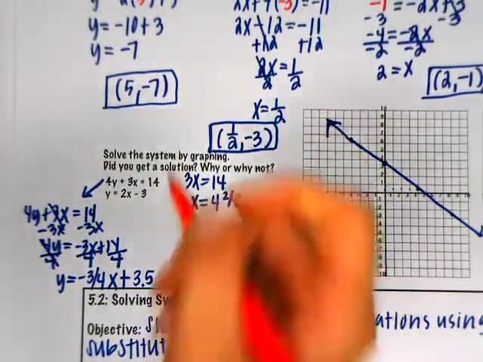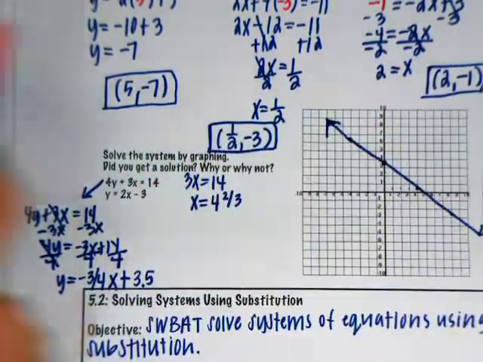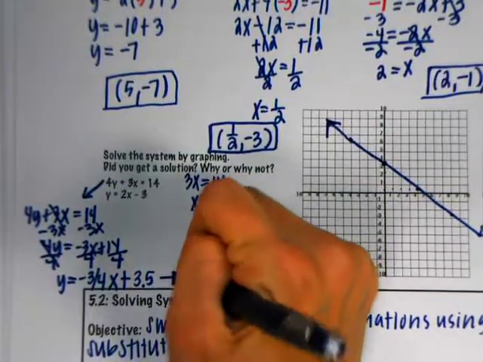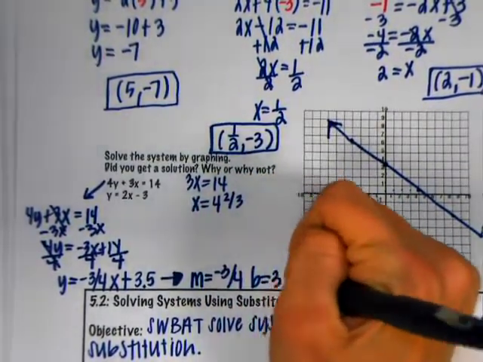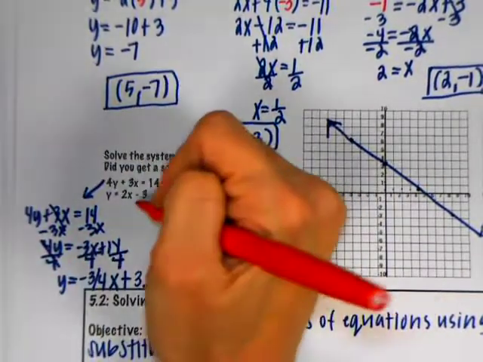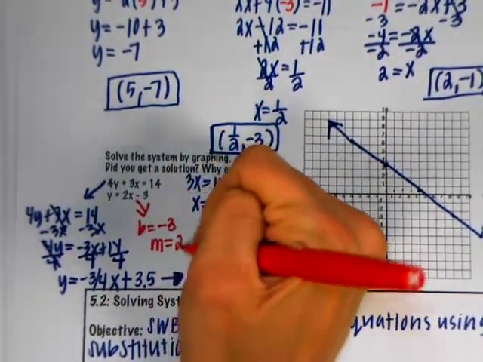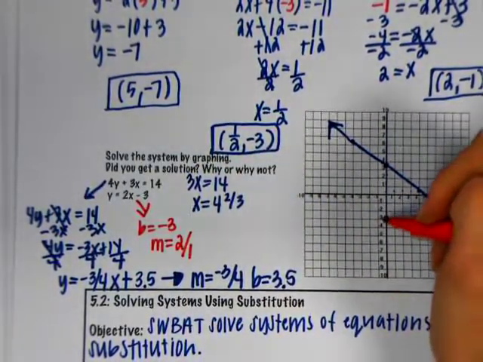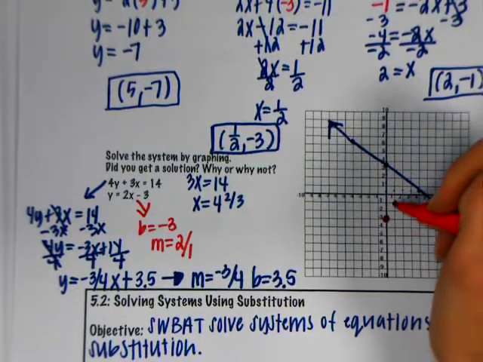And then for this one, I'm going to write m equals -3/4, b equals 3.5. And then for this line, we have b equals -3, and then m equals 2/1. So at -3 start, and then positive 2/1, up 2/1.